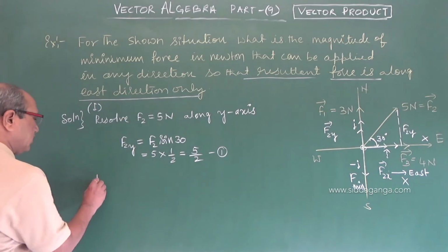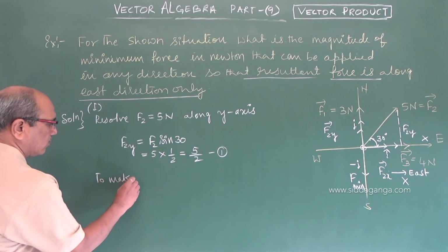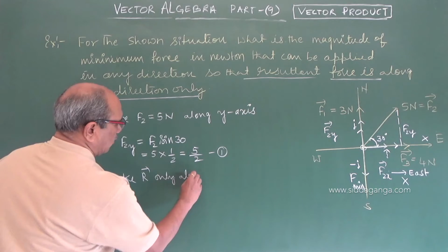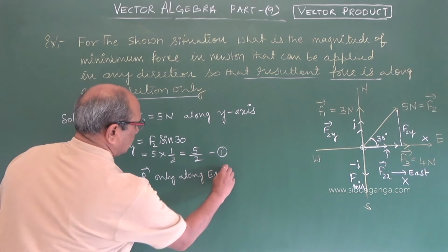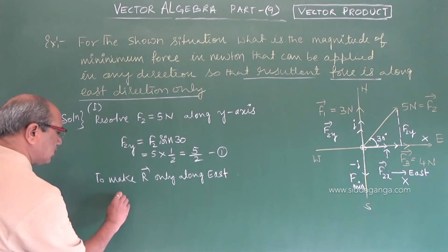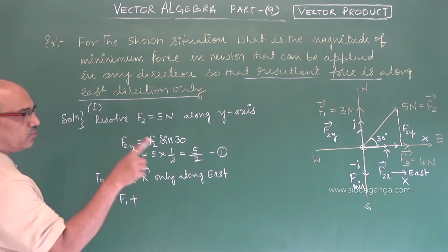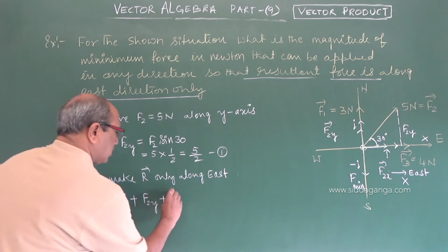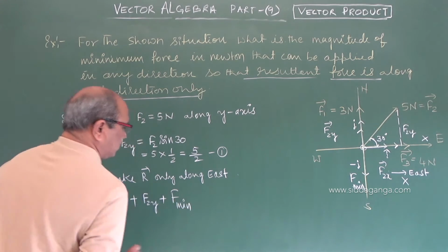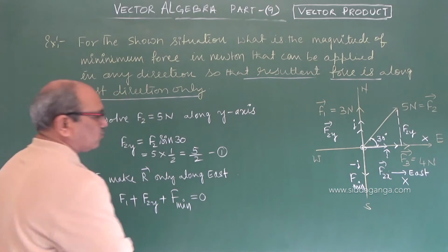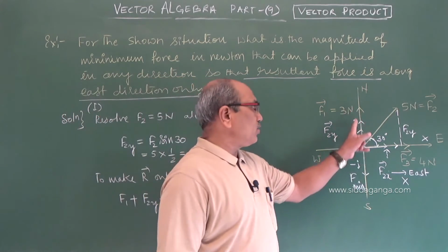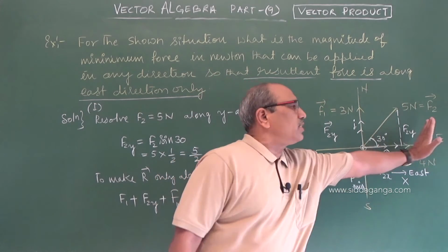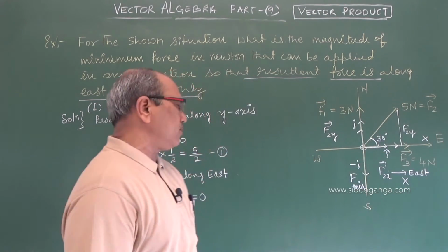To make the resultant only along east, the possibility is that F1 plus the magnitude of F2y plus the magnitude of the minimum force which I can apply should become 0. The addition of these three forces should become 0, so that only the resultant in the east direction remains.